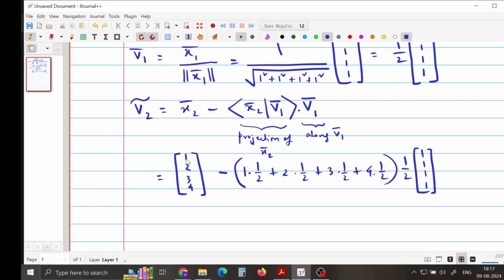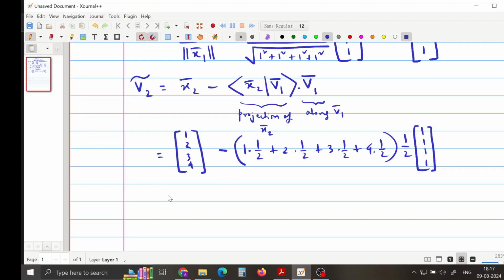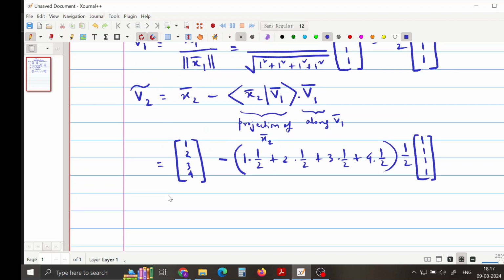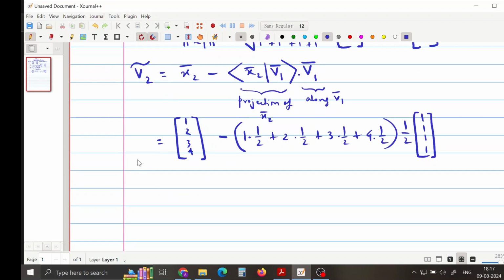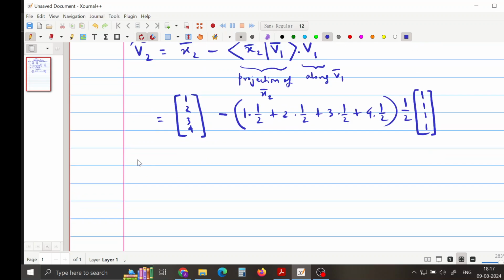Okay, everyone is with me so far? Any doubts? Okay, good. So what you get is 1, 2, 3, 4 minus, and from this first bracket you can pull a factor of half outside, and you already have another half here.